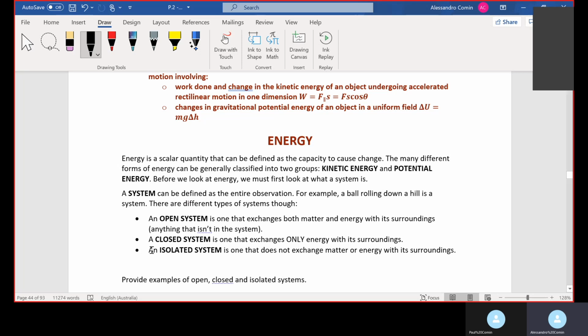And then lastly, an example of an isolated system would be, I can't put energy in or I can't put matter in. It's very hard to have an isolated system in reality, although we always assume that we have an isolated system in physics. An example of an isolated system would be if I throw a ball in outer space.